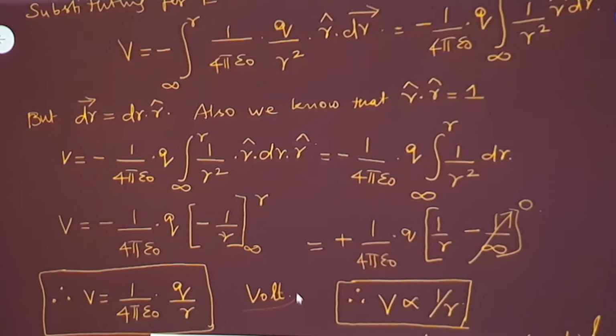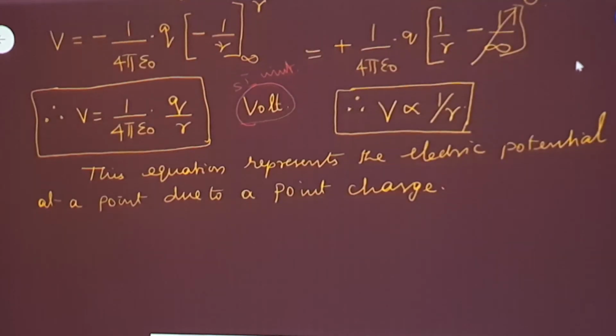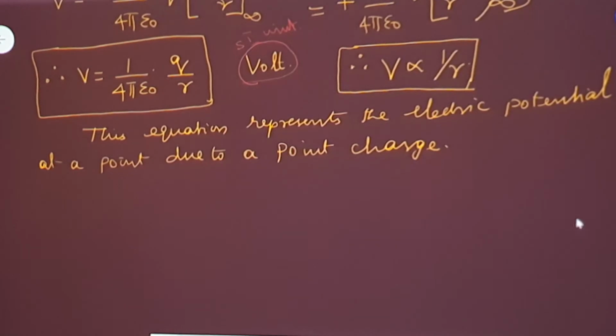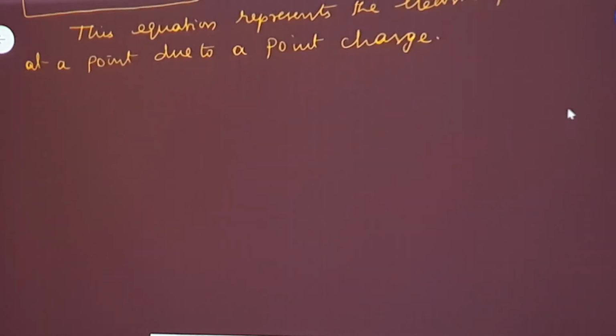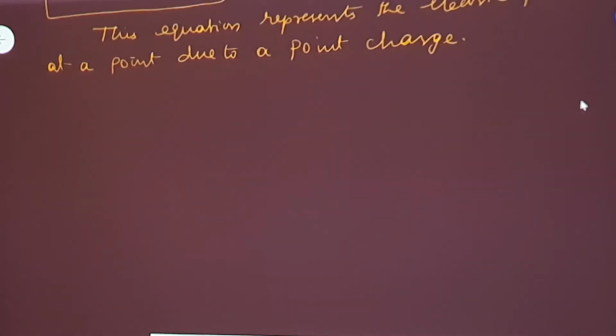It is measured in an unit called volt. This is taken to be the SI unit. Now, from this expression, we can say that the potential V is inversely proportional to r. And this equation gives the electrical potential at a point due to a point charge.